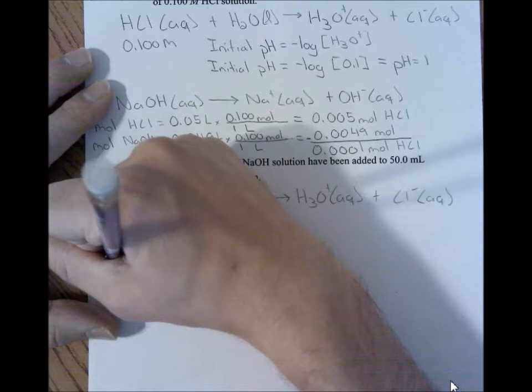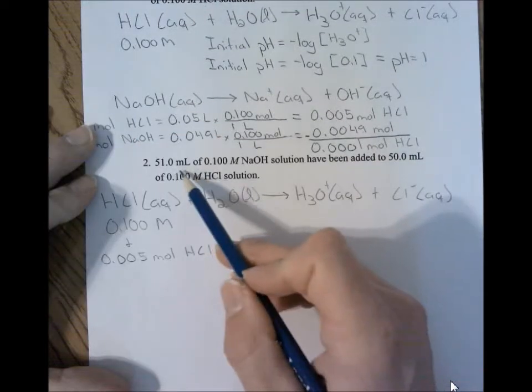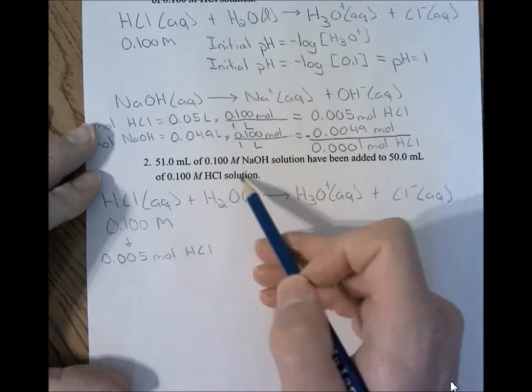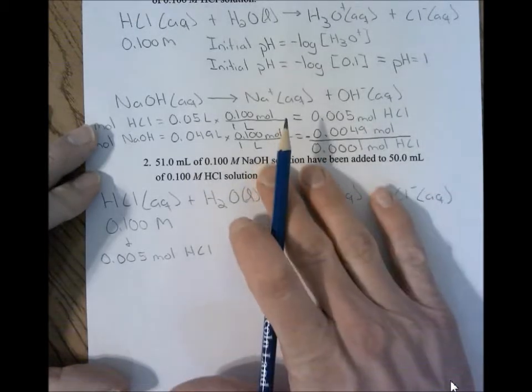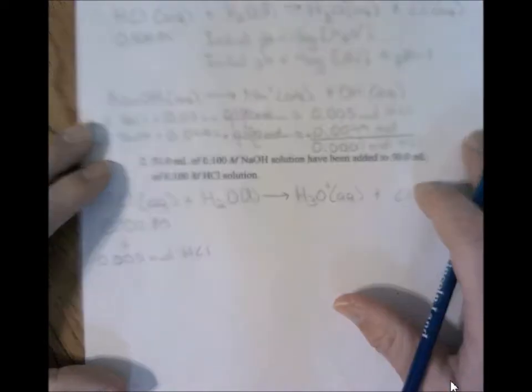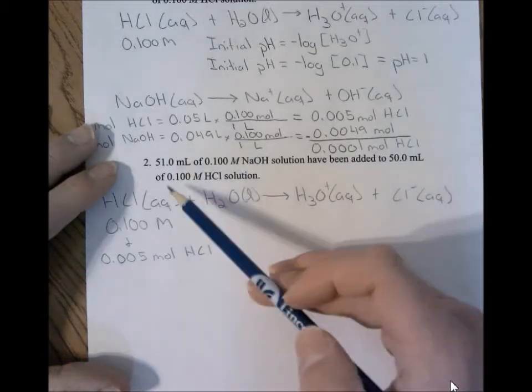Now what we've done is we've added 51 milliliters of NaOH. And now, looking at this at first glance, it may not seem like a big deal, but what I want to do first is this, and I probably should have done the other problem like this. I want to calculate the number of moles of NaOH.